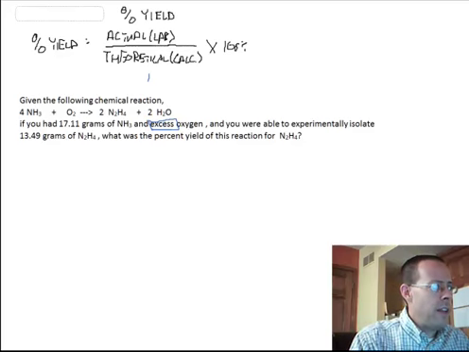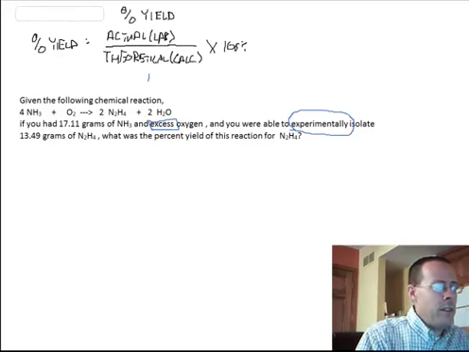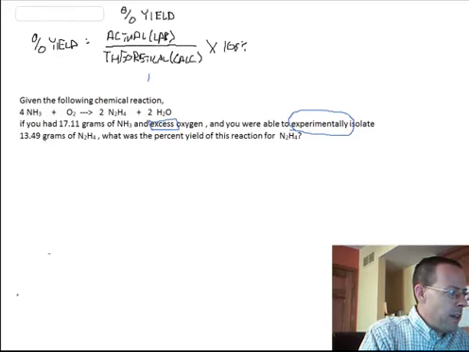The other thing you have to notice is experimentally. Experimentally is what happens in lab. So the number that I give you, in this case the 13.49 grams, is the experimental number, or what we would say is the lab value.